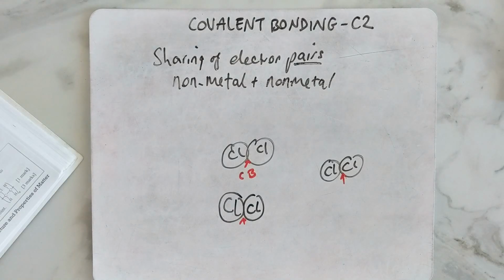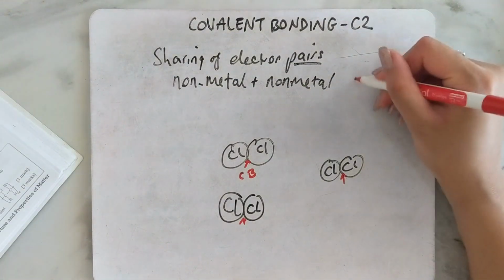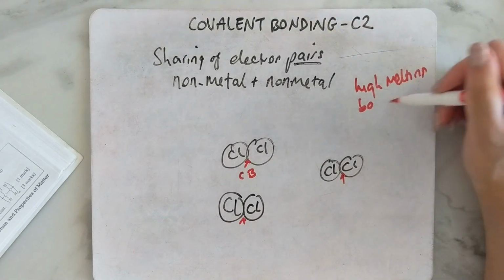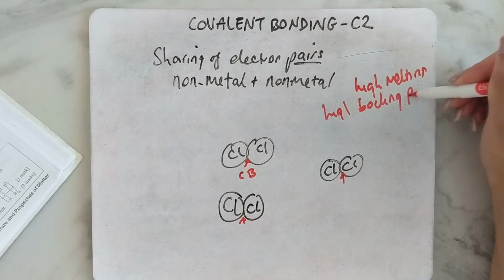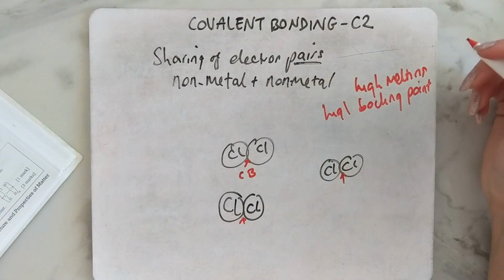So they're really strong bonds, really difficult to break. That's why covalent compounds have high melting points and high boiling points, because they require a lot of energy to break them.